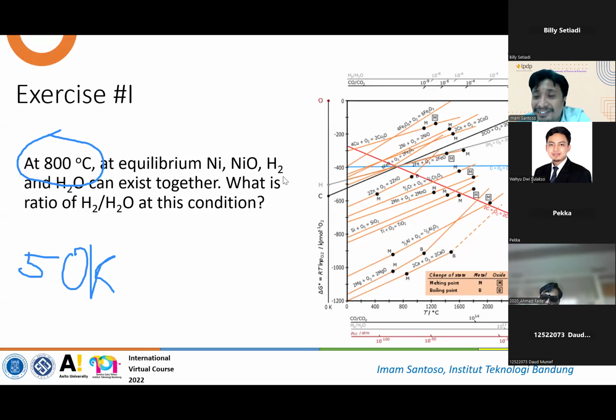The ratio, when I make a straight line at 800 Celsius and connect it with nickel, going up at 800, and then from that I connect it with H and make a straight line until the end, around there. Then you find this exactly.